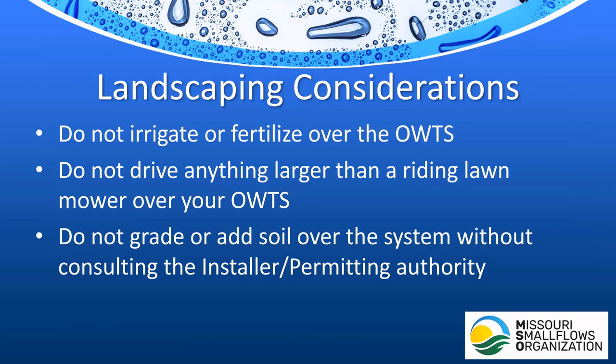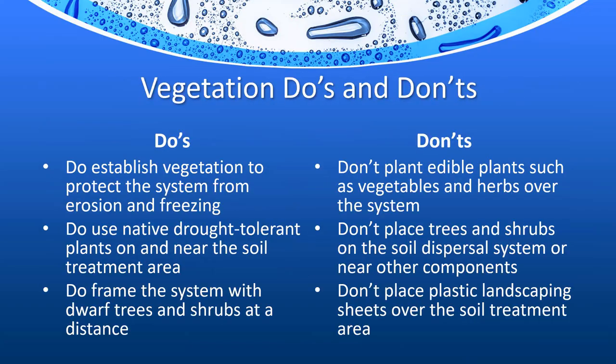If you just go to the store and buy whatever soil you want, it could have too much clay in it, for instance, and it would actually seal up the soil and not provide it enough oxygen. So if you need soil, definitely contact a professional that knows what they're looking at if that's a need that you have.